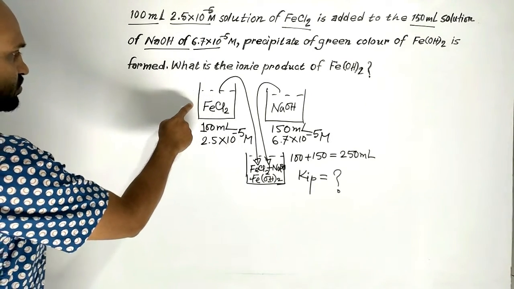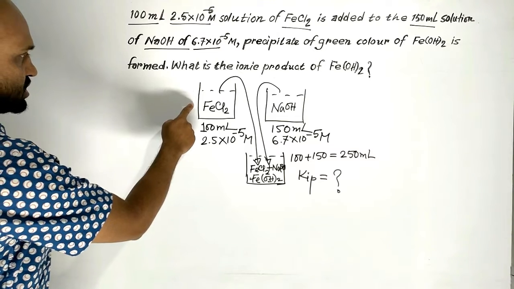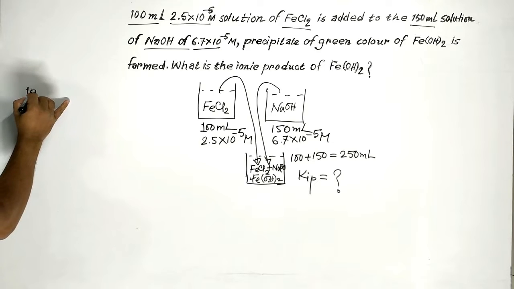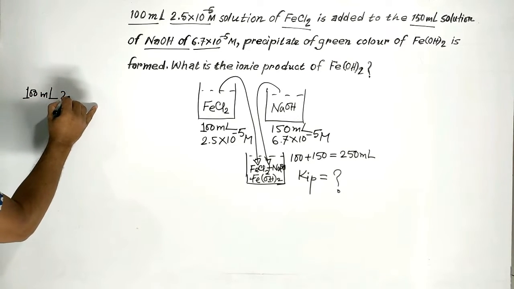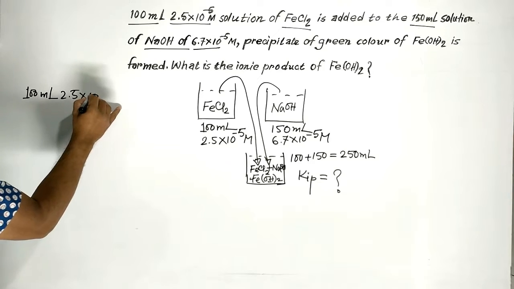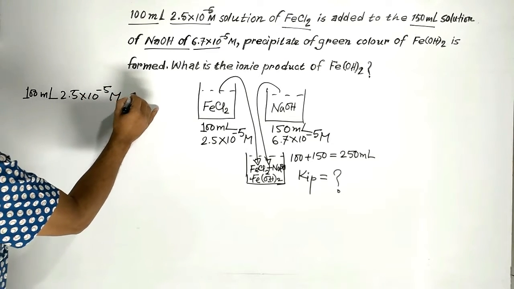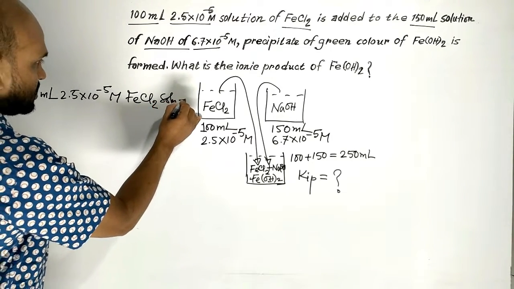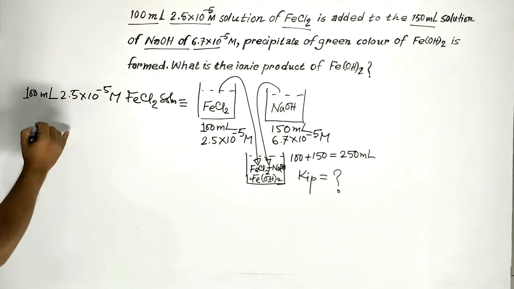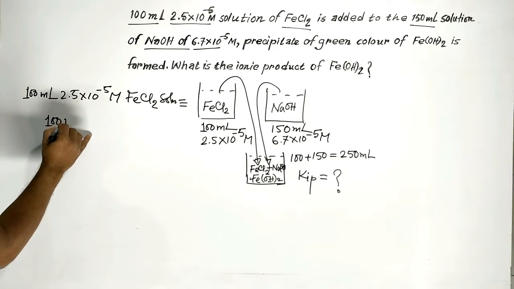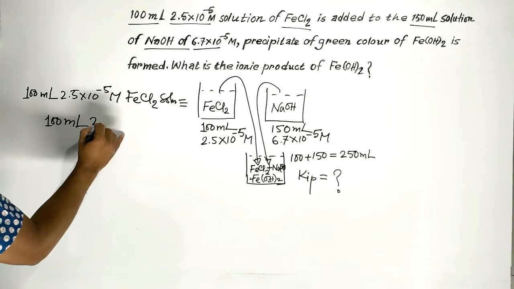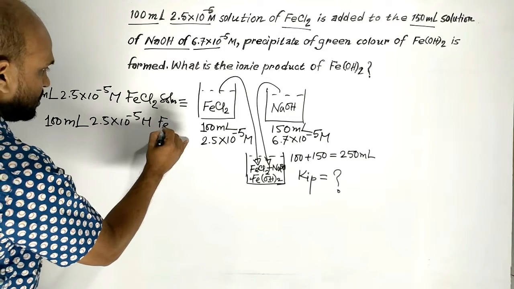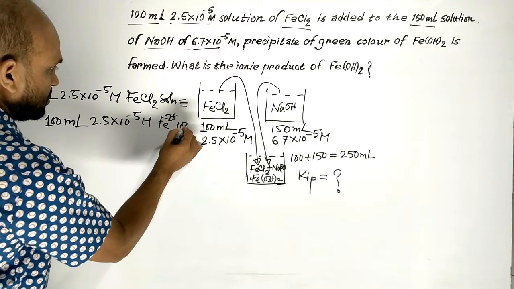Let us see before mixing what is the concentration of ferrous ion here. Before mixing, 100 milliliter of 2.5 times 10 to the power minus 5 molar ferrous chloride solution is equivalent to 100 milliliter of 2.5 times 10 to the power minus 5 molar ferrous ion.